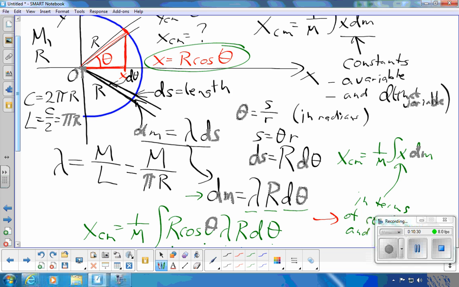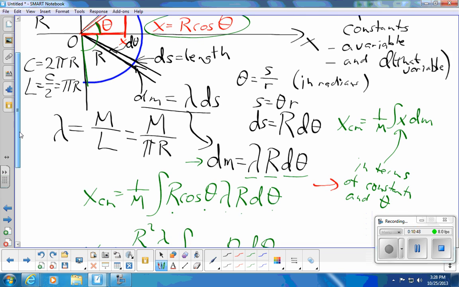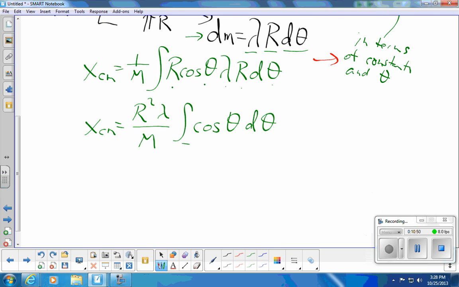Remember, I measure theta counterclockwise from the x-axis, which means that I'm going to start measuring my thetas from down at 90 degrees south of the x-axis. So my lowest value of theta is negative 90 degrees, or negative pi over 2 radians.